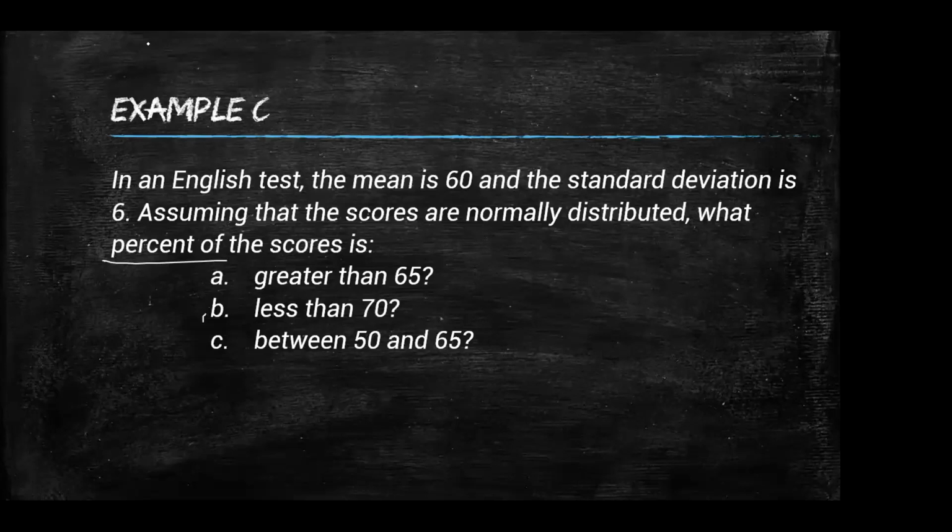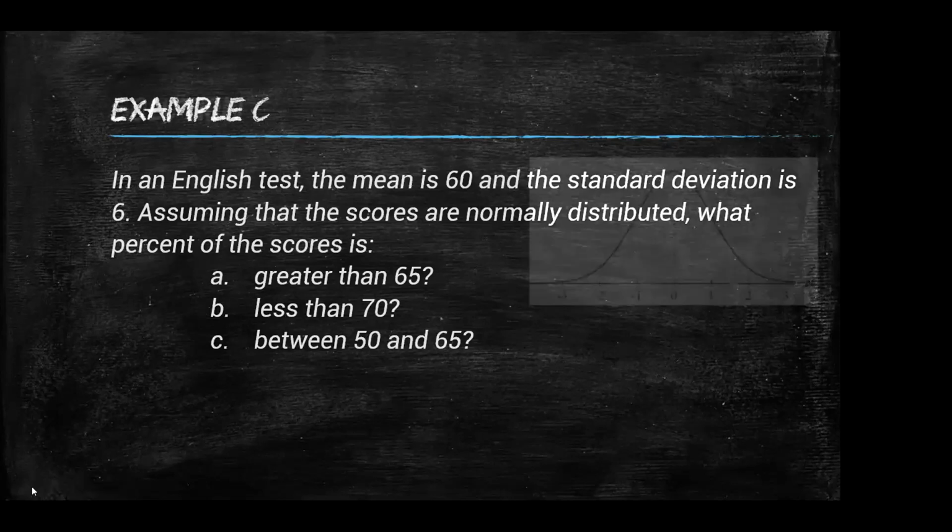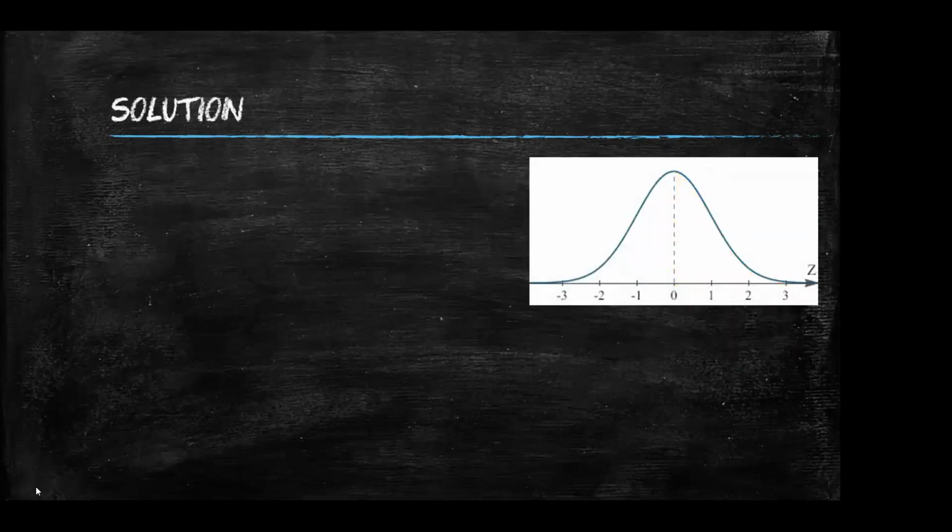Ito. Okay. Sige. Ano yung mga given ulit? Okay, 66 saka less than 70. Okay, so, ayan. Dito tayo. B tayo. Okay. So, sulat ko muna yung given ulit.